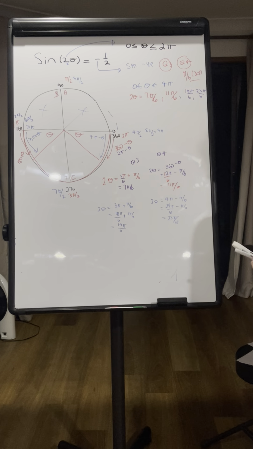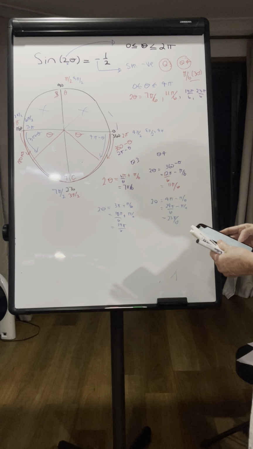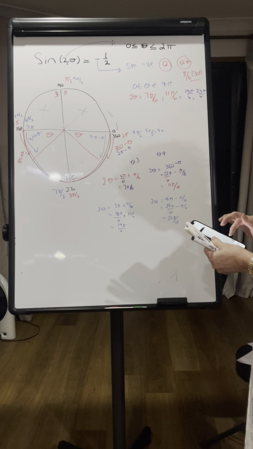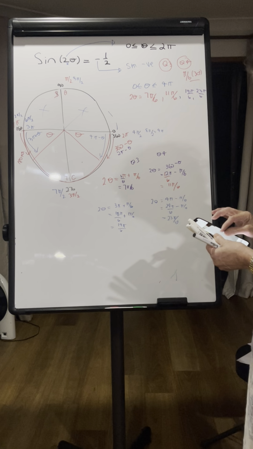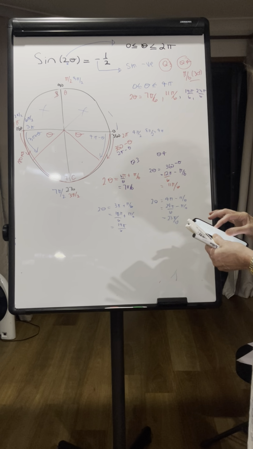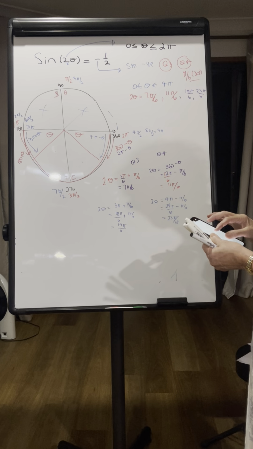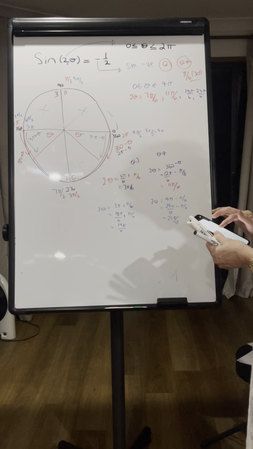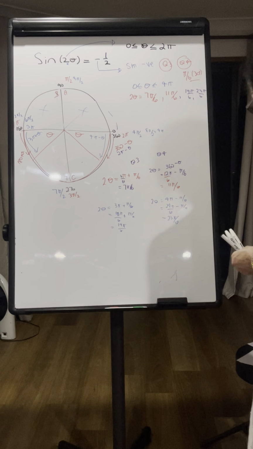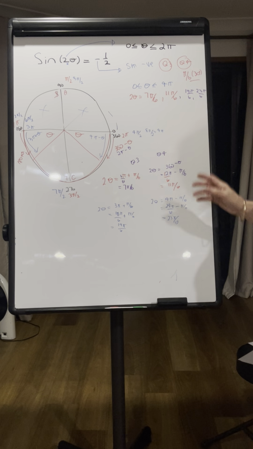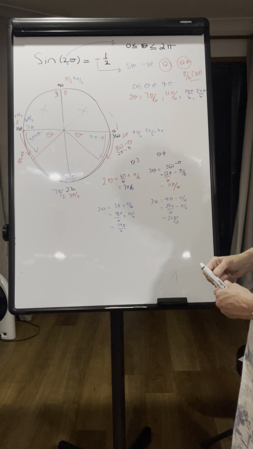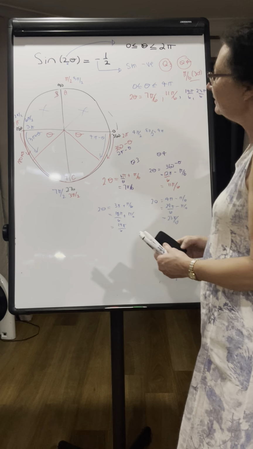So now we can deal with the, let's have a look. That's correct. So now let's have a look at the 2 theta. So we can probably get rid of all that now.